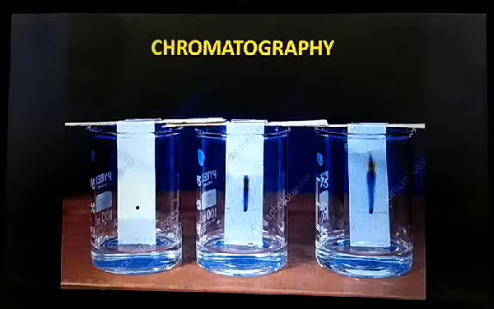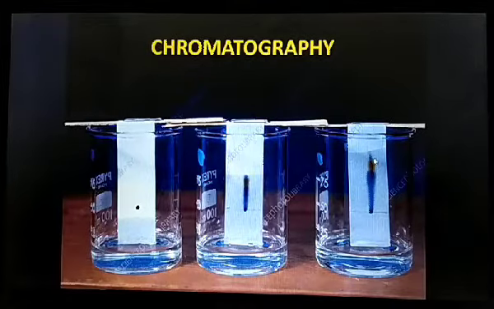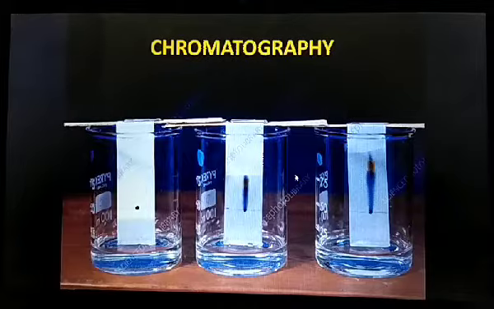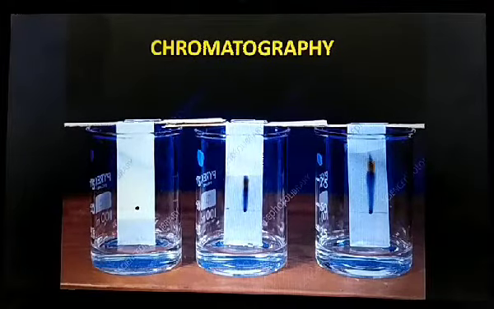Now when water starts rising up, as you can see in the second glass, different colors separate at different levels, and finally you will get this type of strip where you can see blue color, then red, and then other colors also obtained at different heights. Since different colors get separated, you can easily find out what the different colors were which were initially mixed here. So this technique is called chromatography.